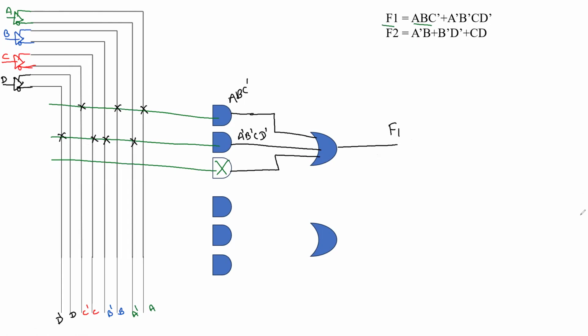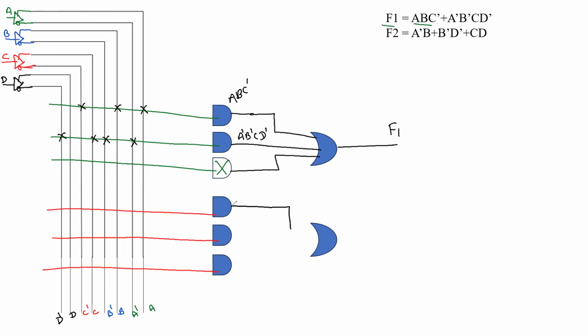So we are going to give the function F1 here. Similarly, we can go for the other function, that is F2. F2 has three product terms, so we are going to connect three wires here. Again, on the basis of the product terms, we are going to give the connections.